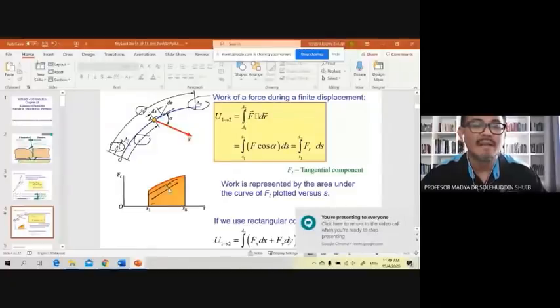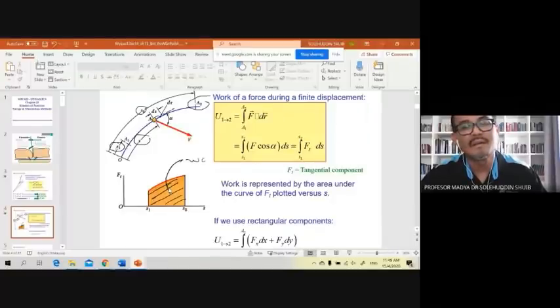This is the area under the curve, shaded here. This is work, okay, work done. All right.